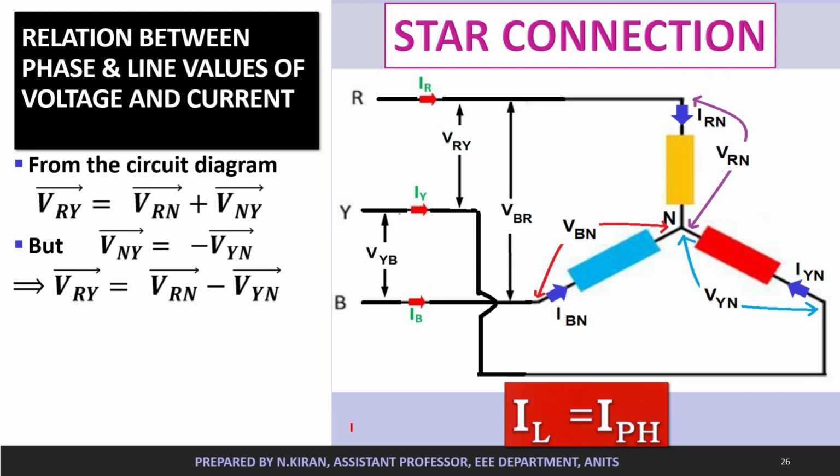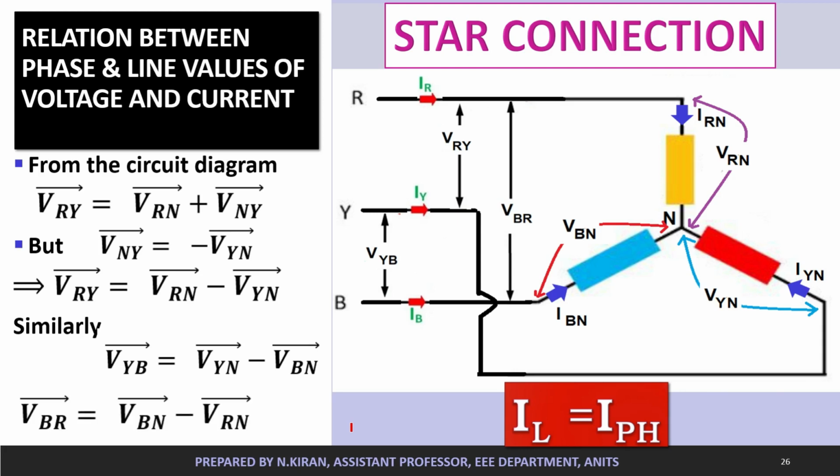Similarly, considering the remaining two line voltages, VYB is nothing but VYN minus VBN, and VBR is nothing but VBN minus VRN. For analysis, I will only consider the first equation, that is VRY equals VRN minus VYN.